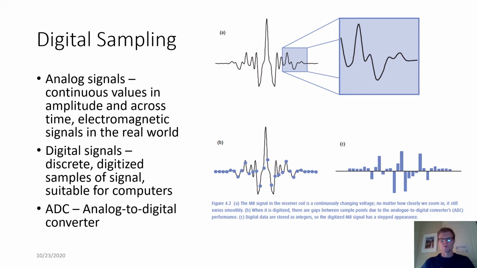So we go through this process of what we call an ADC, an analog to digital converter. It's going to take an analog signal like the one shown at the top and convert it into a set of discrete or digitized values.